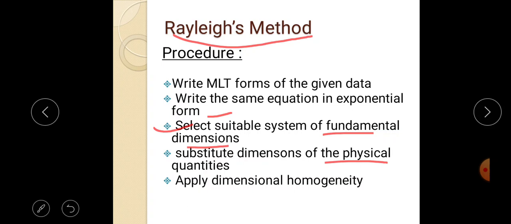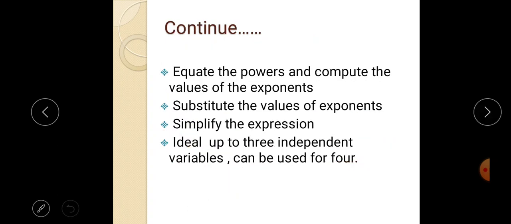We will substitute the dimension of each of the physical quantities, and thereafter apply dimensional homogeneity, equating the powers on both sides. Then equate the powers and compute the values of the exponents, substitute the values of the exponents, and after substitution simplify the expression, ending up with 3 independent variables. It can also be used for 4.